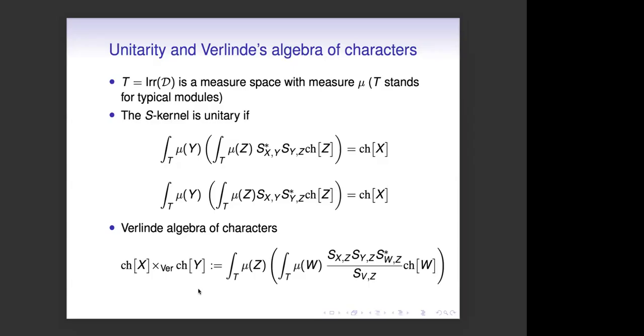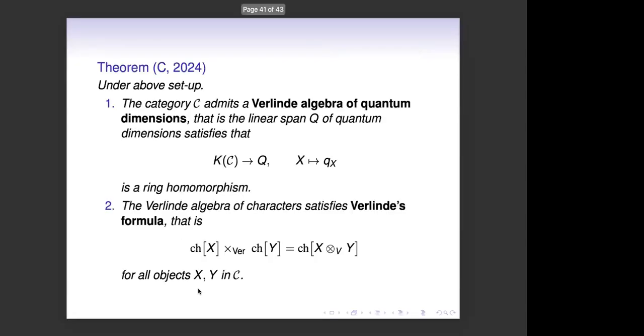So if I were to go back 20 slides, then you would see that this is exactly the formula that Verlinde already had, just sums replaced by integrals, and because finite sums have no big convergence issues, I don't need to phrase it in terms of characters, but because I do an integral, I also need to integrate against something, and there the characters are the good thing.